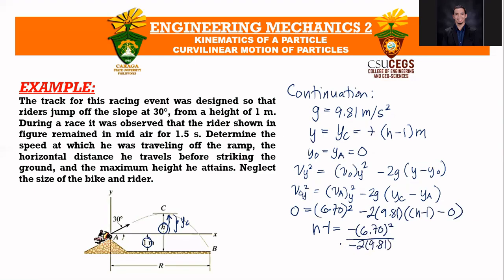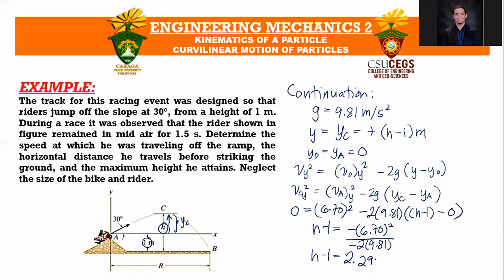If we solve that, that would be equal to 6.7 squared over 2 times 9.81, which is 2.29.